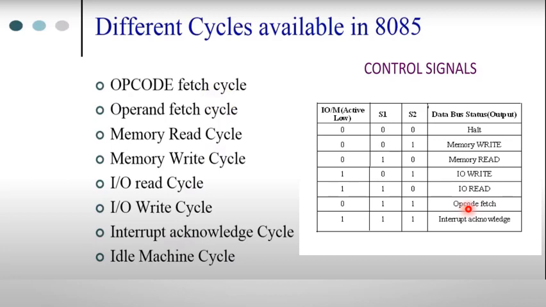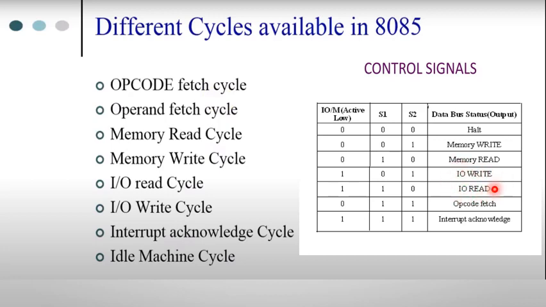So the opcode should be fetched from the memory. If the microprocessor wants to read data, the data is again in the memory, so it is a memory related operation. If it wants to write something in the memory, it is again a memory related operation. So for memory related operations, the IO/M bar pin in the 8085 will have an active low signal, 0.